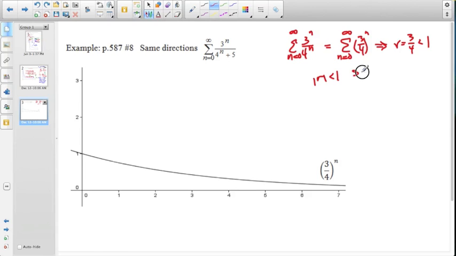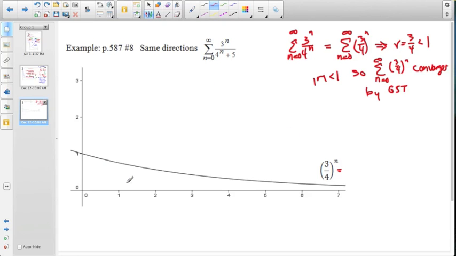So we know that this series converges by geometric series test. This is the series 3 over 4 to the n. We know it converges.